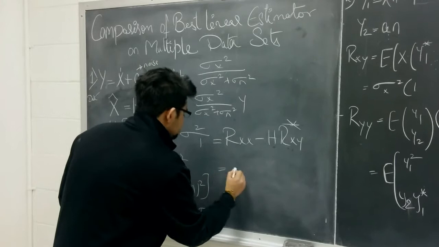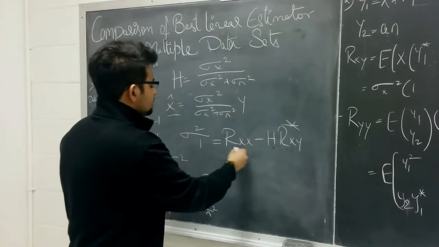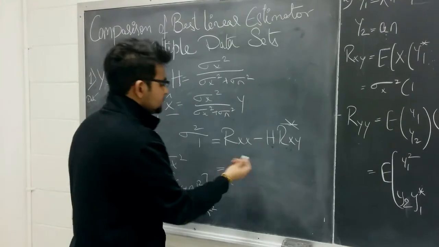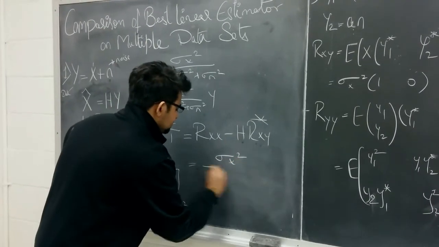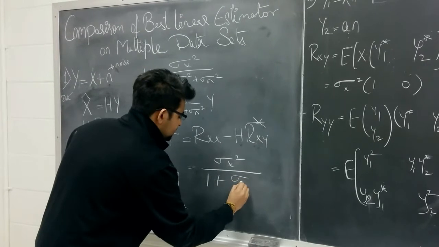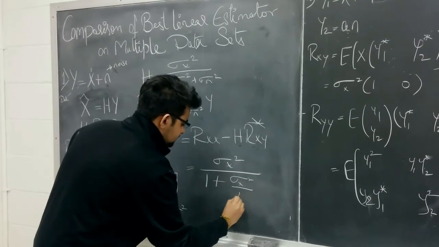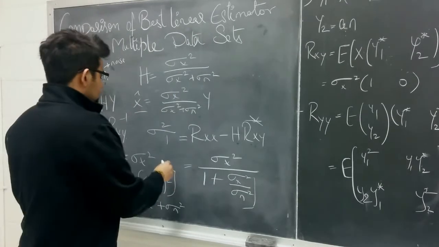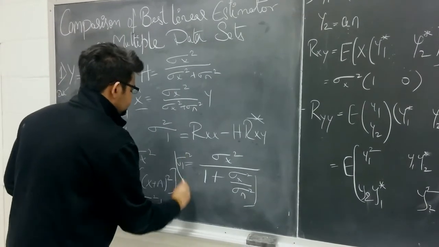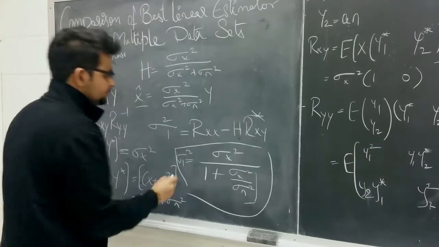So it turns out to be, rxx value is simply sigma x square. So after calculating this value, we get sigma x square upon 1 plus sigma x square by sigma n square. This is the signal to noise ratio. This is sigma 1 square. This is the value of sigma 1 square.